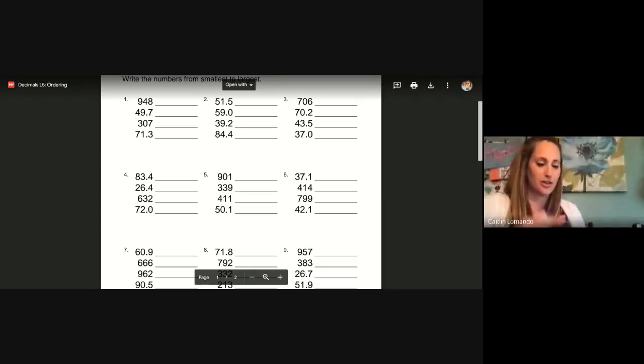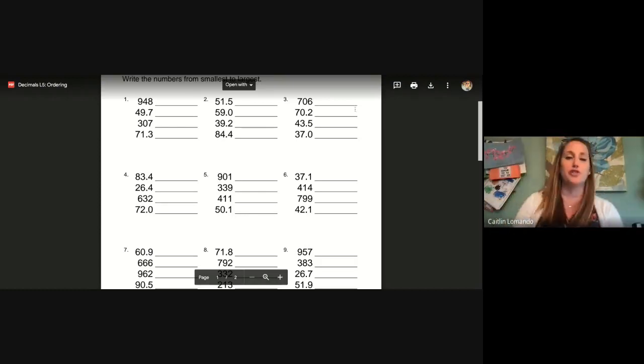Let's check out another one. Let's look at number 3 this time. So for number 3, I want you to try this. We have 706, 70 2/10, 43 5/10, 37 0/10. Let's pause and take a minute to write them in order from smallest to biggest.